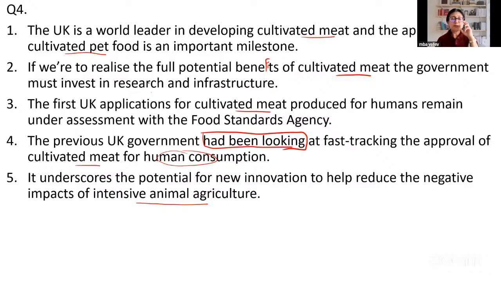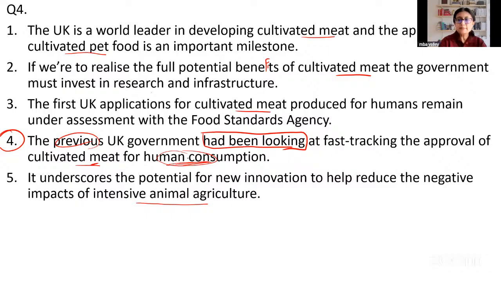So if you actually just stick to the tense approach, then the tenses would tell you that 1, 2, 3, and 5 make a coherent paragraph except sentence number 4, which talks about the past. If you go by the central theme approach, you would understand that even though we are talking about cultivated meat, we are talking about the previous UK government, and we are talking about human consumption, which hasn't been discussed till now.